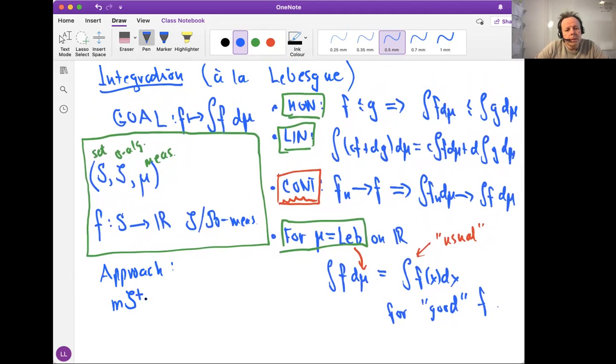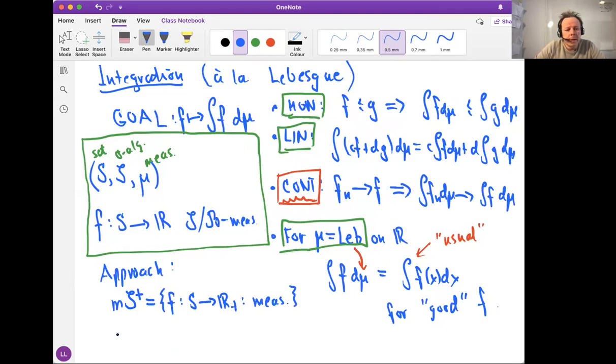So let's define M S plus as the functions from the set S to the non-negative real numbers which are measurable, in the sense that there's the calligraphic S, and in the image space there are the Borel sets of the real line.